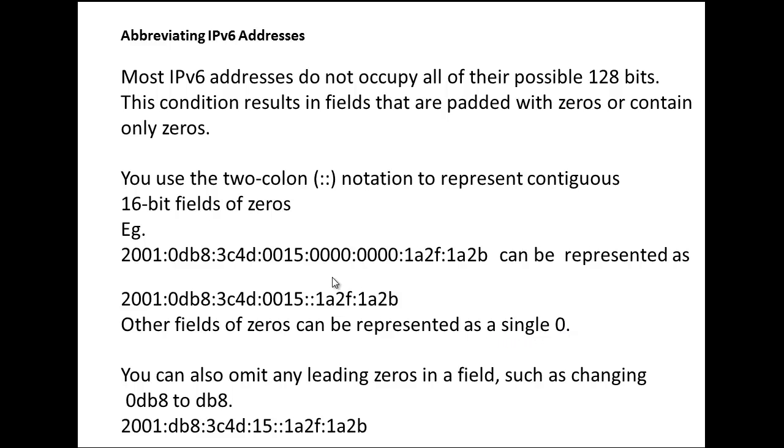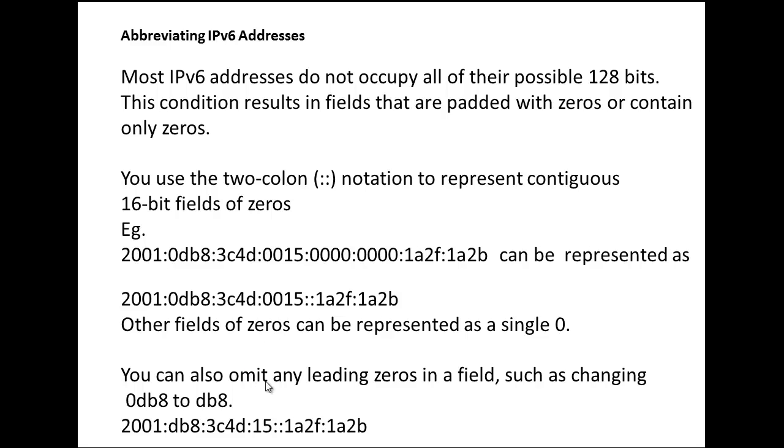So within the hex number, we can only take a set of zeros and represent it with the colon. If we, in this same address, had another set of zeros, we would have to represent those zeros by a single zero.